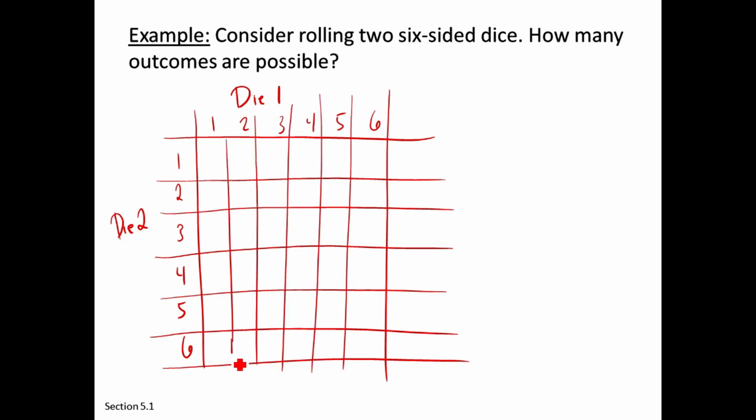So if you roll a 1 and a 1, then what's the total of those 2 dice? 2. You roll a 1 and a 2, it's a 3. But you can also roll a 3 by doing a 2 and a 1, right? The 4s can be rolled on this diagonal, right? 1, 3, 2, 2, 3, 1. And actually this pattern is going to keep going. They'll just repeat down the diagonal. You can look at the sum of the dice.